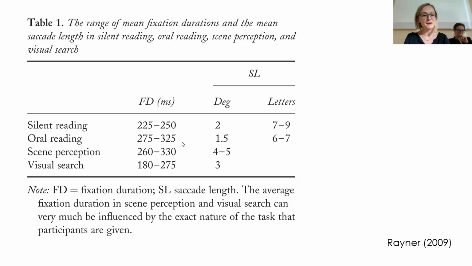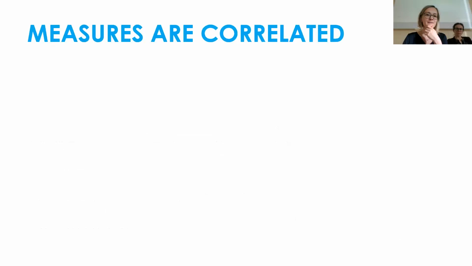There's more going on when you're looking at scenes and in visual search, so the mean fixation duration would differ. The same with saccades: when you're exploring, saccades are longer compared to reading, where they are much shorter.